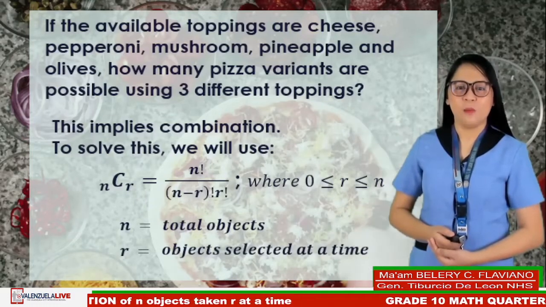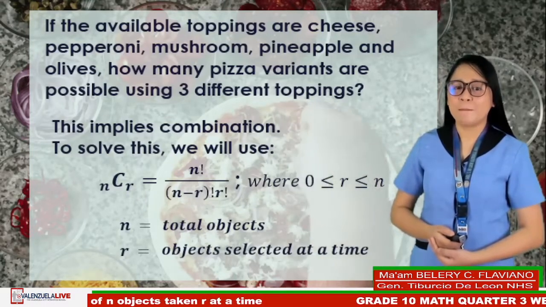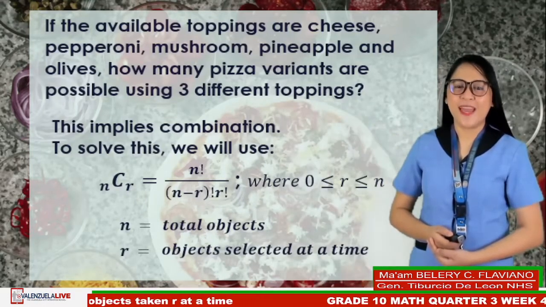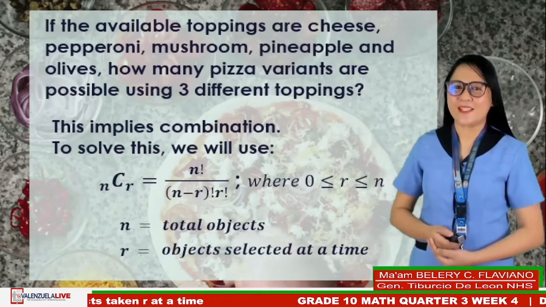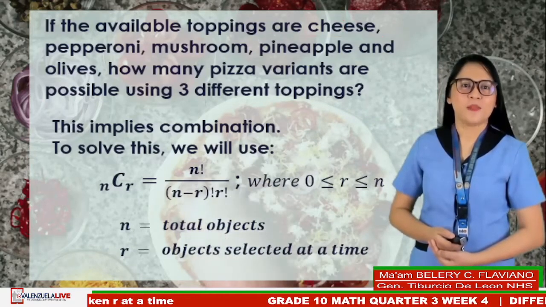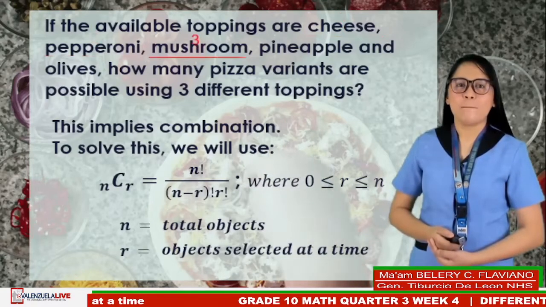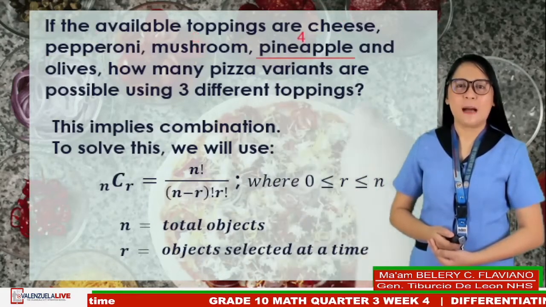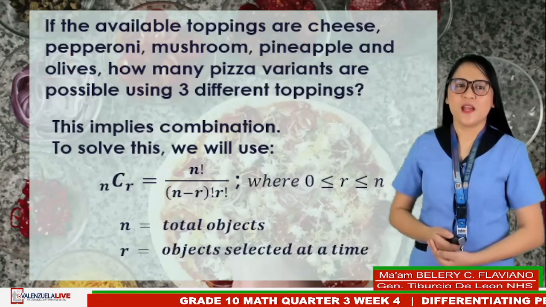In this problem, the objects are the pizza toppings. To determine n, let us count the toppings. We have cheese, that's 1, pepperoni, that's 2, mushroom, that's 3, pineapple, that's 4, and olives, that's 5.